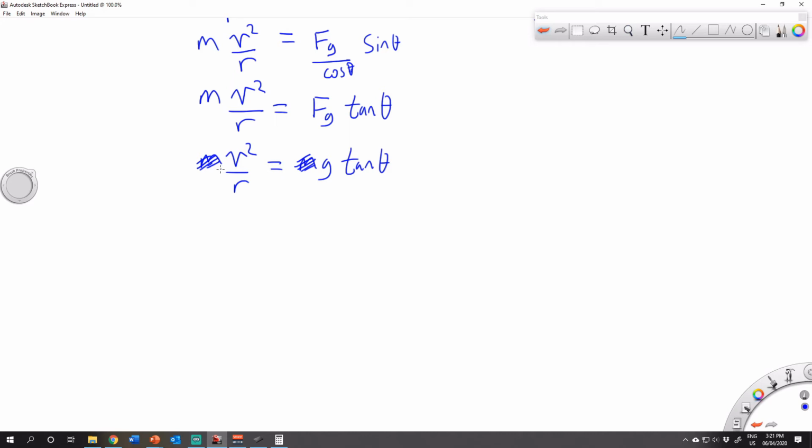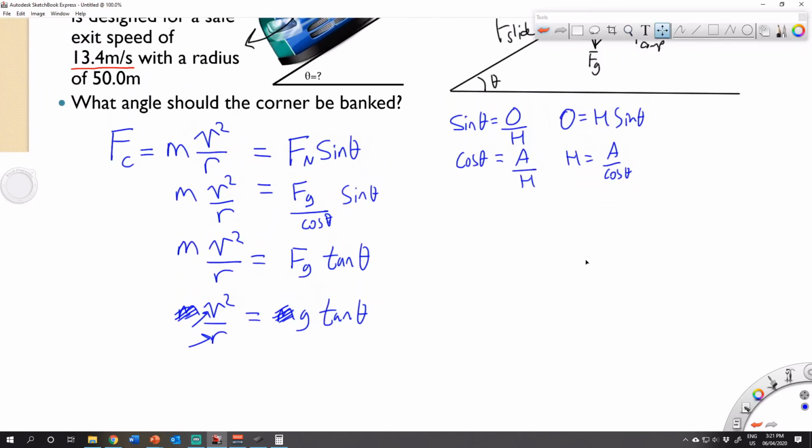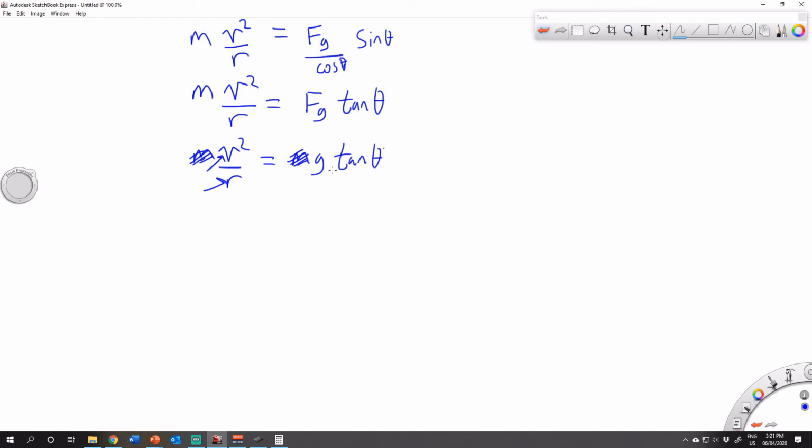The only thing that matters is how fast the car is going and what the radius of the curve is, which thankfully we know. We want to make sure the car has a safe exit speed of 13.4 meters per second. So 13.4 meters per second. We want to build the exit ramp to be 50 meters. And g, I'll just divide the g to the other side.